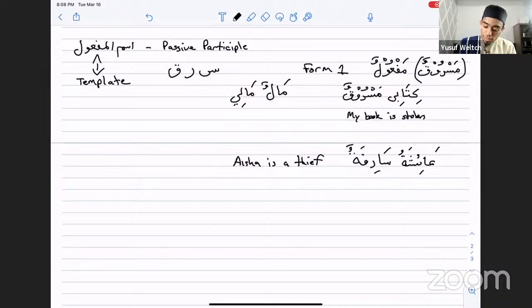Let's change the pronoun. Qalansuwatuha.